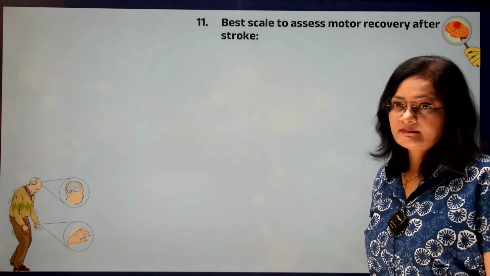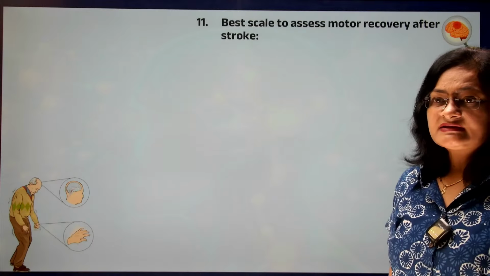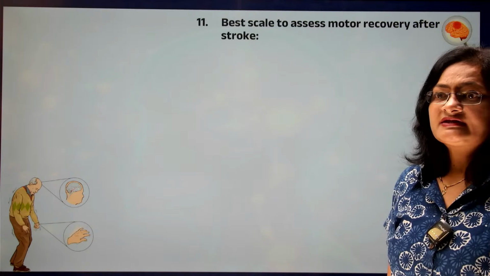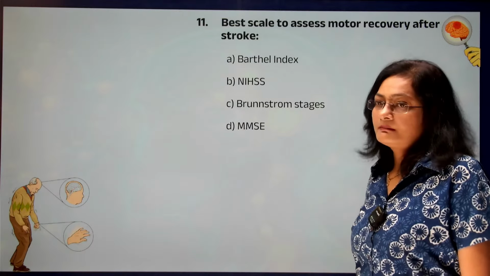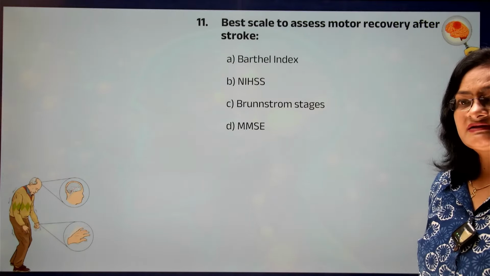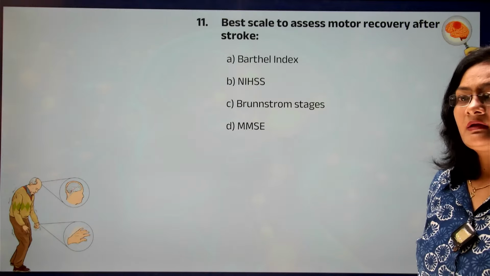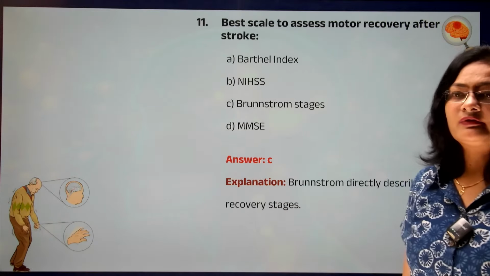So now MCQs related to the scales. The best scale to assess motor recovery after stroke: Barthel Index, NIHSS, Brunnstrom Stages, and MMSE. So our answer will be Brunnstrom Stages of Recovery.